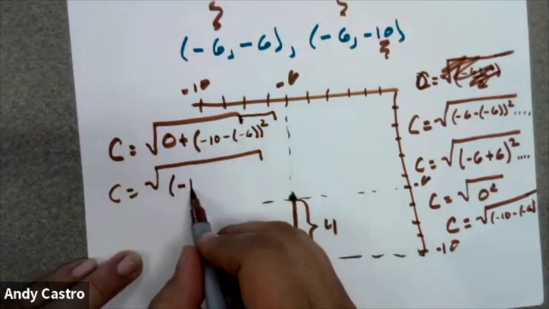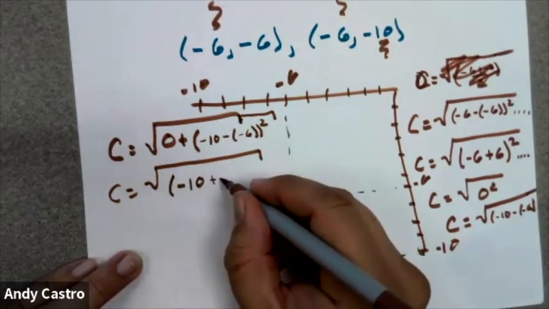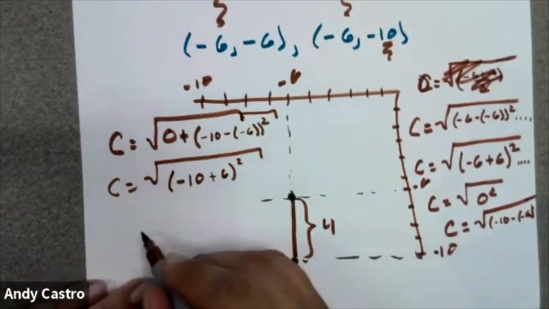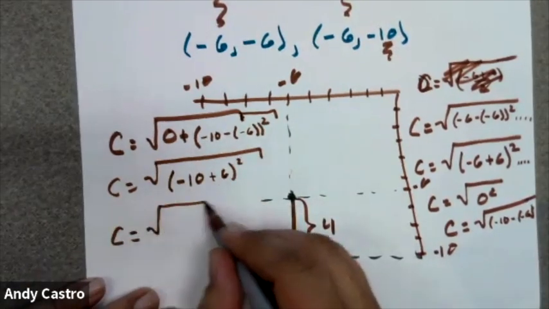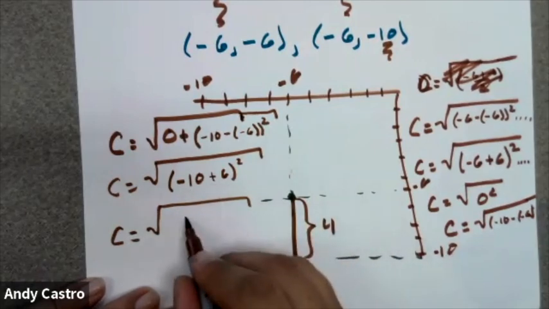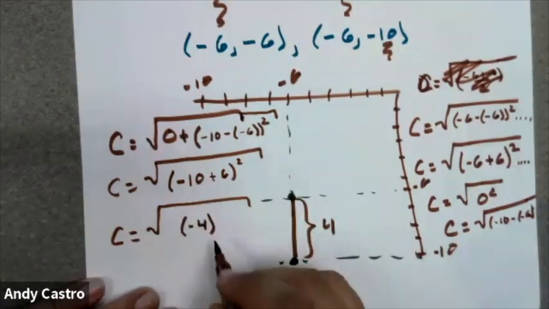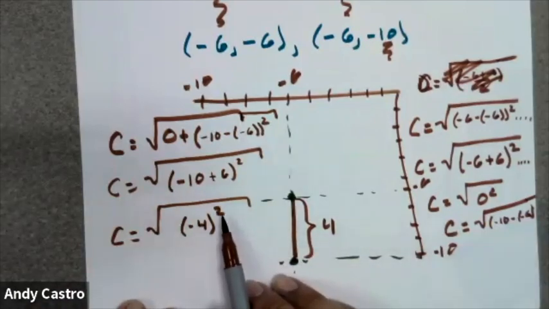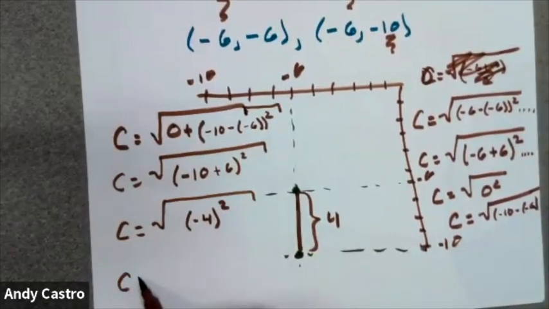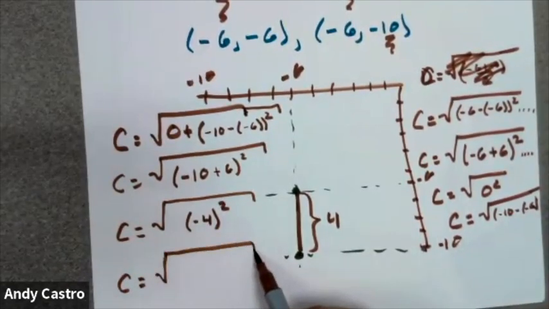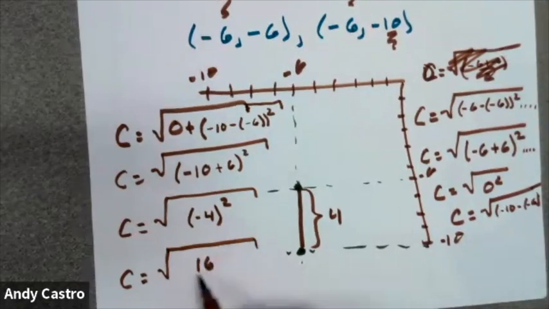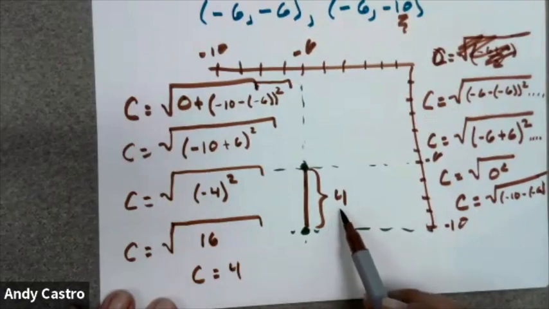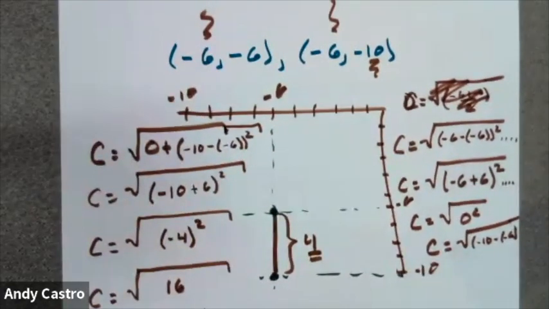So this is -10 plus 6 quantity squared. -10 plus 6 is -4. Okay. -4 squared is +16. Square root of 16 is 4, which is obviously what this is. So that was pretty easy.